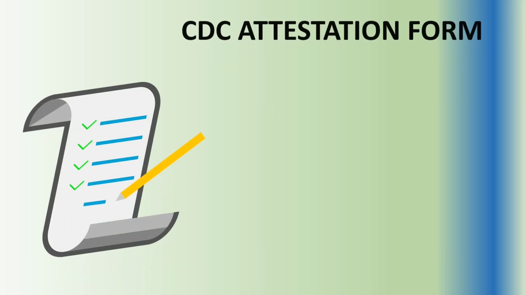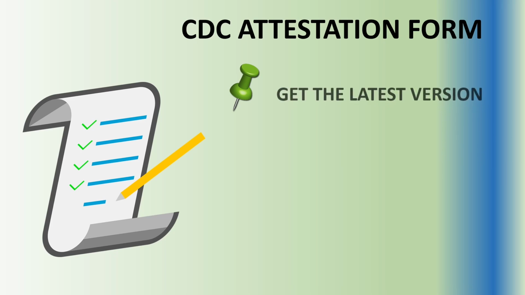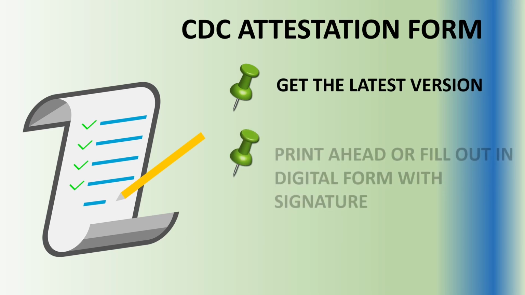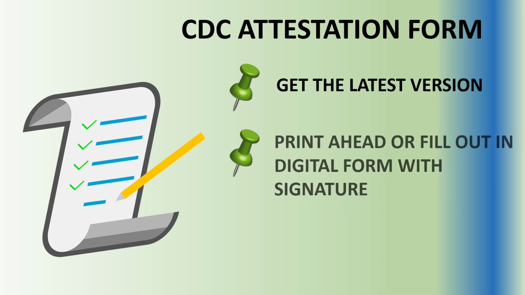In essence, here is the summary of information that we have discussed. First, you must get the latest version of the CDC Attestation Form. In addition, you must also print ahead or fill out in digital form with signature.